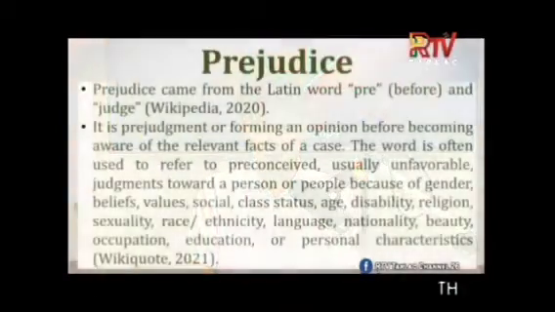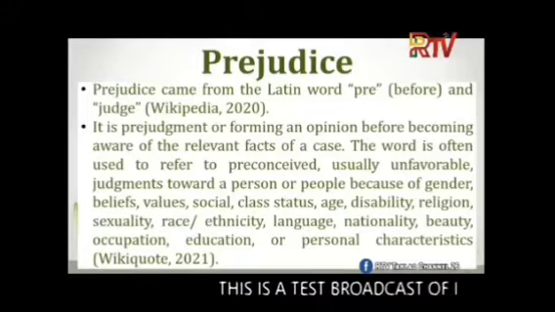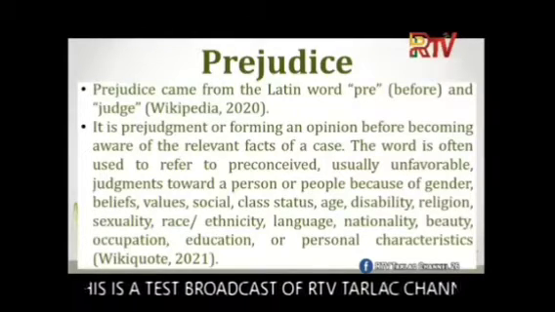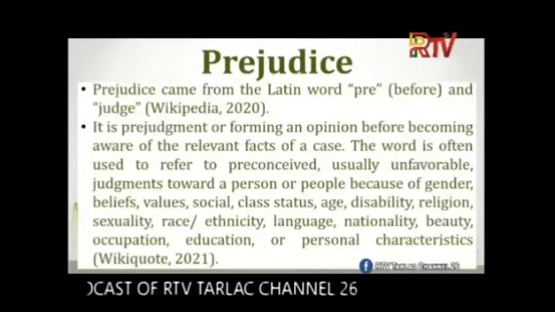So, what's a prejudice? Prejudice came from the Latin word pre, which means before, and judge, and that's according to Wikipedia 2020. It is prejudgment or forming an opinion before becoming aware of the relevant facts of a case.